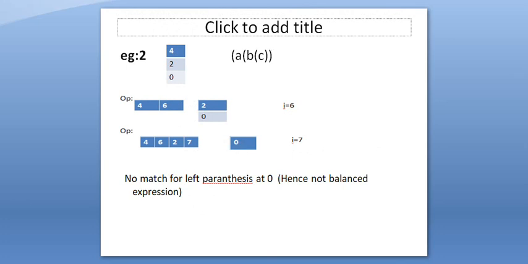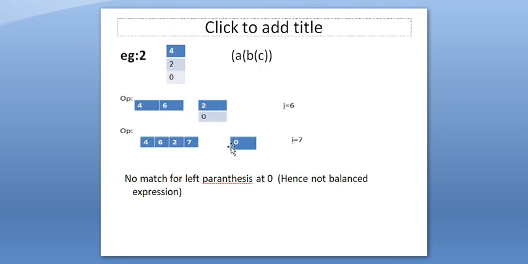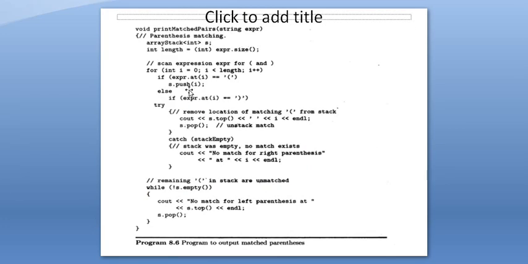When i becomes 8, you have one element now in the stack. When i is equal to 8, you have one element remaining in the stack. So what happens in that case? When i is equal to 8, you are going to execute this try clause. Try clause works only if the stack is empty, not empty.